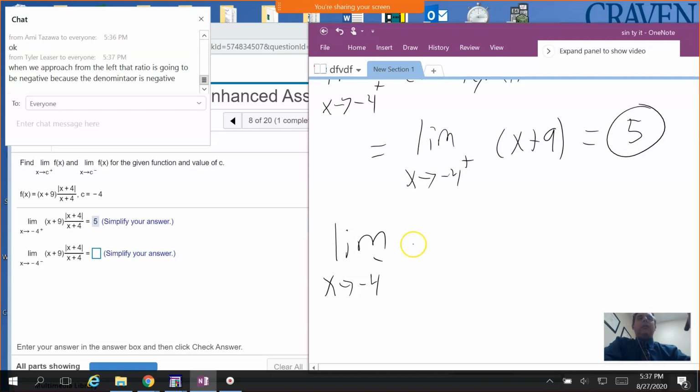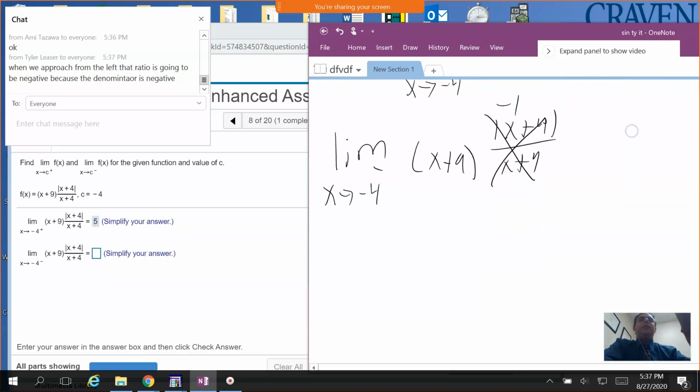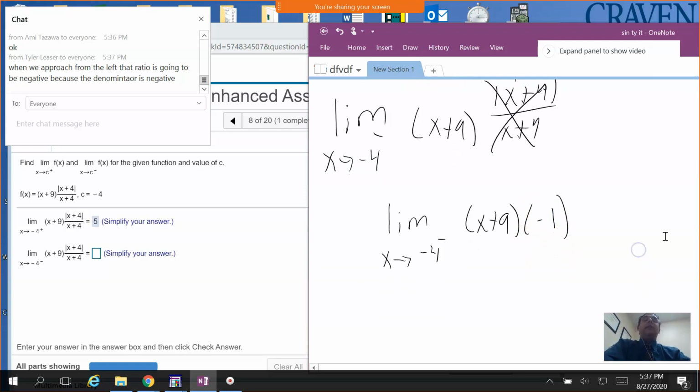So now, when we do the limit of x plus 9 times the absolute value of x plus 4 over x plus 4, this is going to be negative 1. So it's the limit as x approaches negative 4 from the left of x plus 9 times negative 1. If I plug negative 4 into this, I get 5 times negative 1, so negative 5.